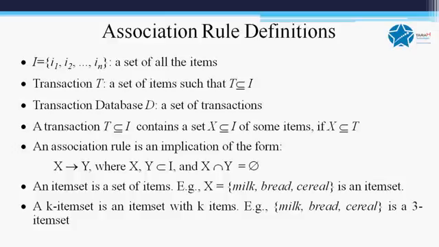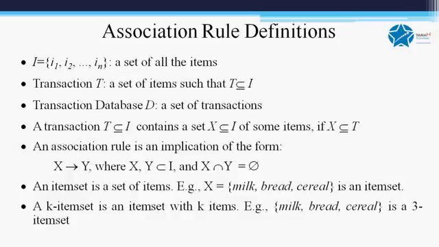So if you say I buy milk and bread, then I always end up buying jam. So milk and bread are one item set, jam is another item set. They are mutually exclusive, but the rule says that whenever I buy milk and bread, I also happen to buy jam. A K item set is basically an item set with K items.